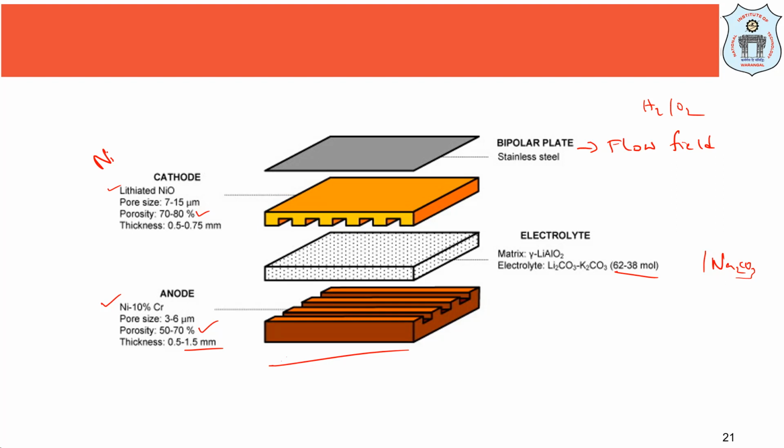Nickel with 10% chromium is used as the anode, with a porosity around 50 to 70 percent. The thicknesses are around 1 or 0.5 millimeters. Then, as usual, at the ends we have bipolar plates to facilitate the flow field, that is, the supply of raw materials, hydrogen or oxygen.